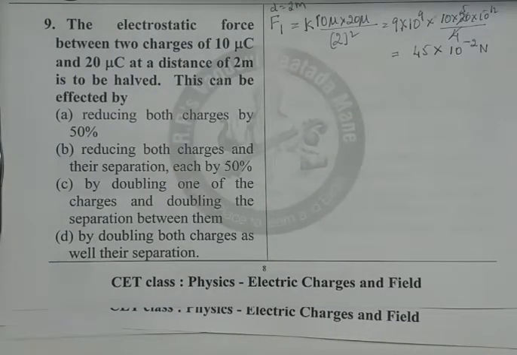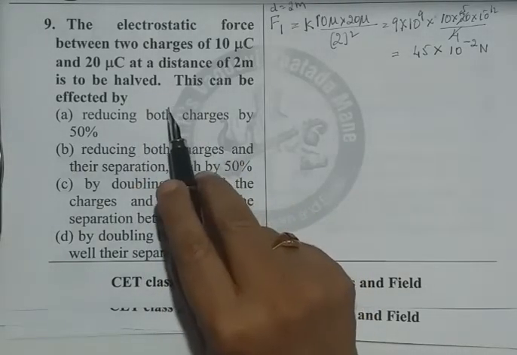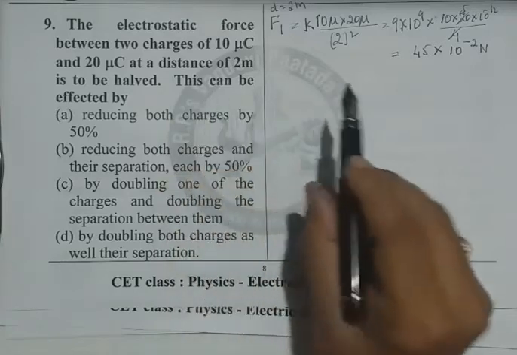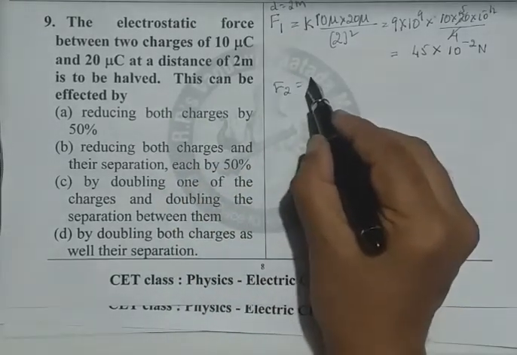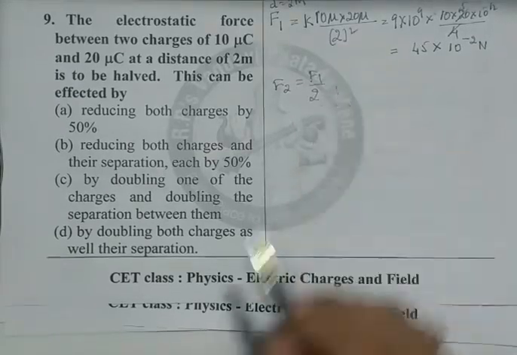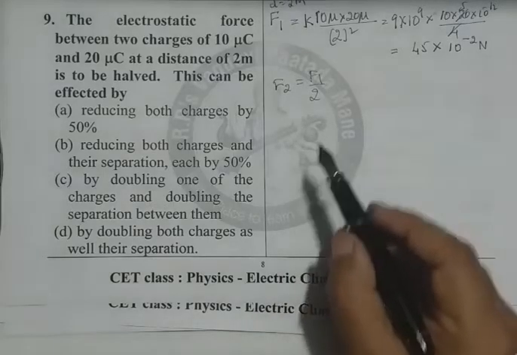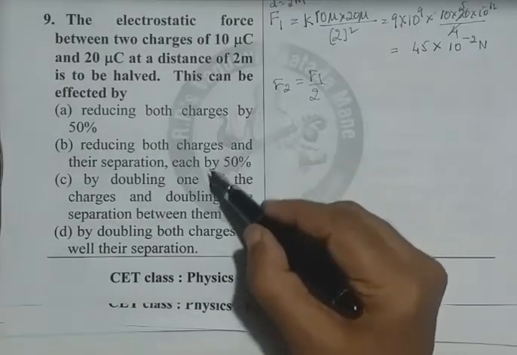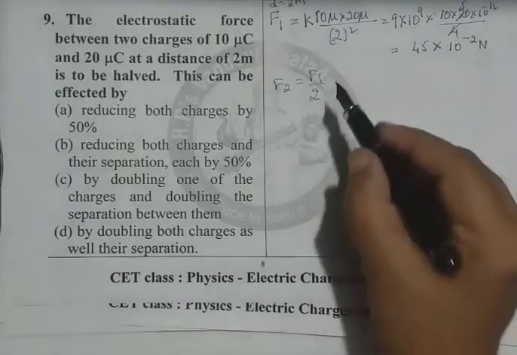Now we want to reduce this force to half. We have to reduce the force to be half, that is, our F2 should be F1 by 2. Now we have to see each option and think of F1 by 2.